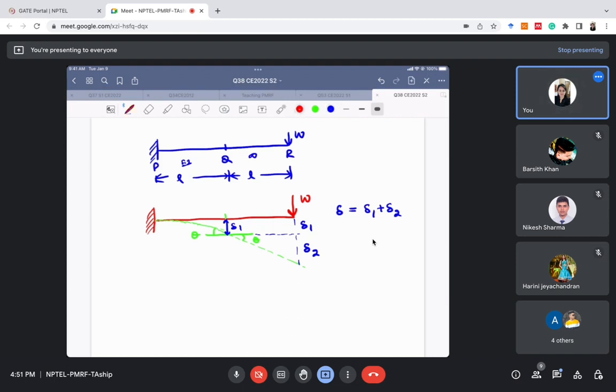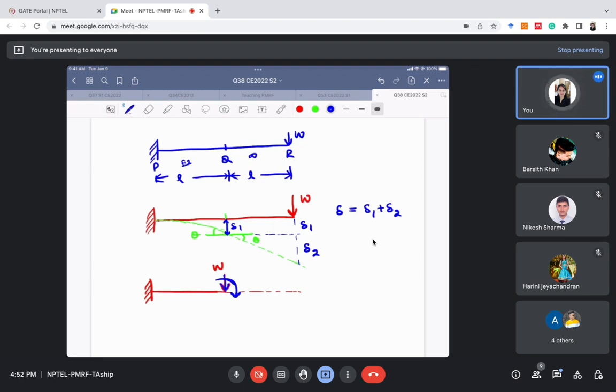To calculate the value of delta 1, this beam has infinite flexural rigidity, so we will shift W here. When we shift the load, there will be a load as well as a moment, right? If we have to shift a load, we shift the load like this and apply a moment like this.